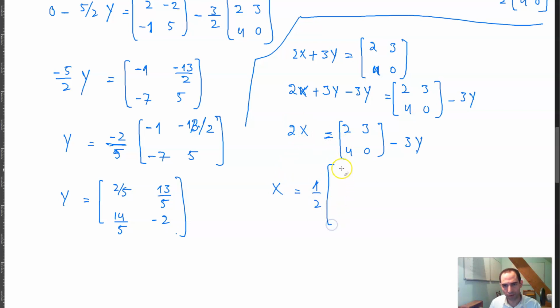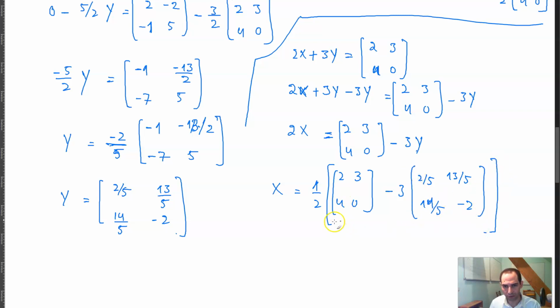So 1/2 of basically 2340 minus 3 times y. Y is equal to 2 fifths, 13 fifths, 14 fifths, and negative 2.